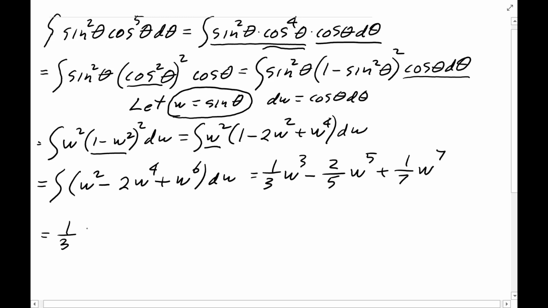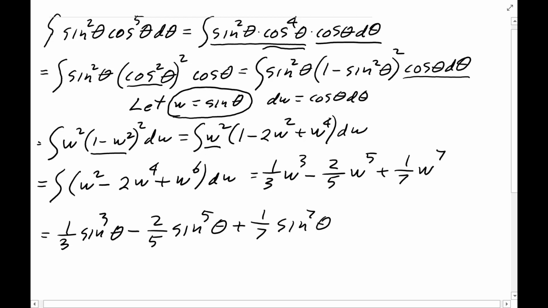So we get 1/3 sine cubed theta minus 2/5 sine to the 5th theta plus 1/7 sine to the 7th theta plus c. And we're done.